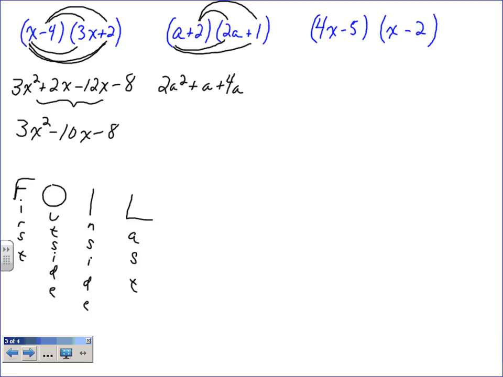And the last terms, 2 times 1, 2. Now, using the FOIL method, very often, when you're multiplying binomials together, not always, but very often, the two middle terms are alike, and we can combine them. a plus 4a is 5a.